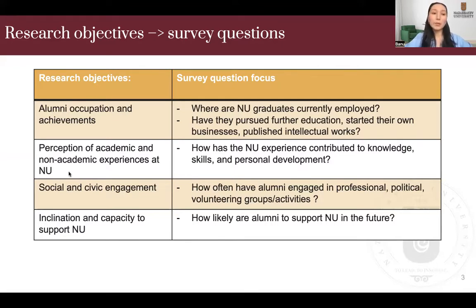To gain information about social and civic engagement, we focus on asking alumni how often they've engaged in professional, political, or other volunteering activities. This again demonstrates how important it is to write good research objectives, because they can be a good foundation to build your actual survey questions.